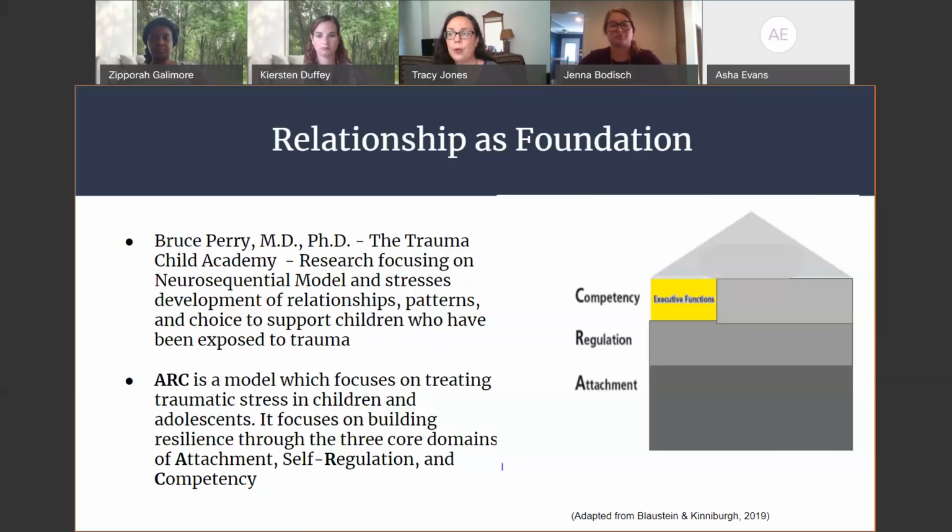This trauma-based framework is highly relevant for the students we work with. We primarily use this model to inform our methods for strengthening executive functioning skills. You'll notice that attachment is the foundation to support the child, whereas executive functioning is a higher level process, which can turn on if we support a student appropriately.